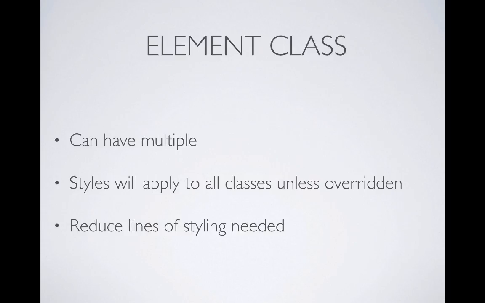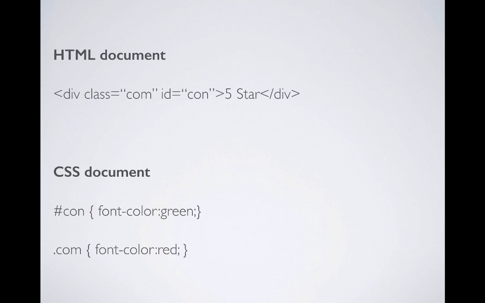Some of you might be wondering, what if an element has an ID and a class with different design codes? Let's say we have a scenario here. On top is the element in the HTML document, and below is the CSS coding that you find in the CSS document, also known as the style sheet.